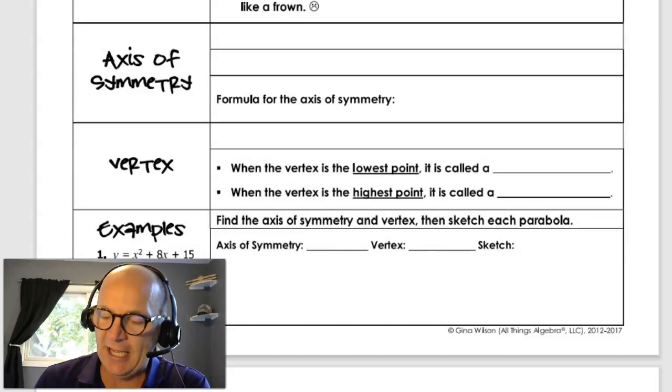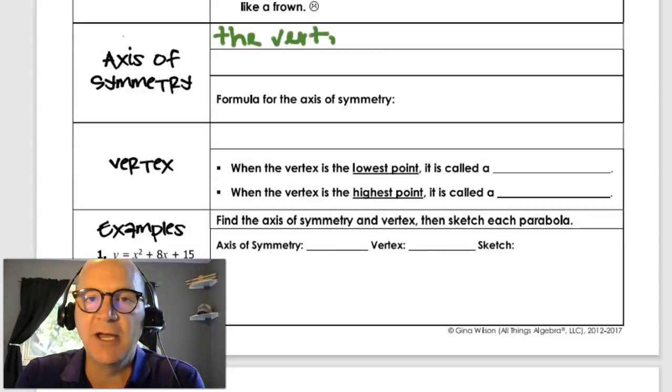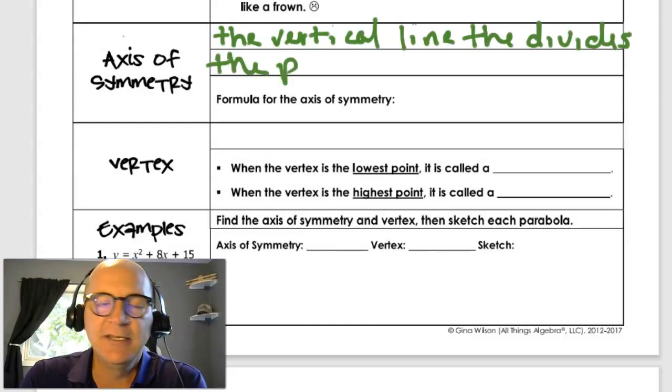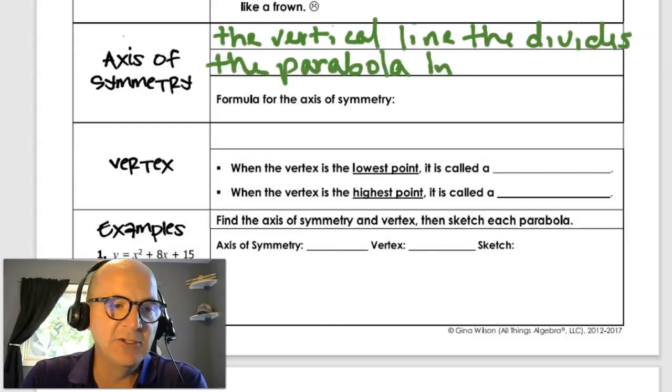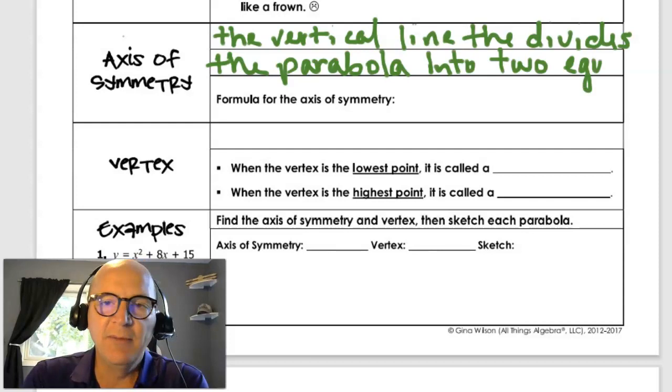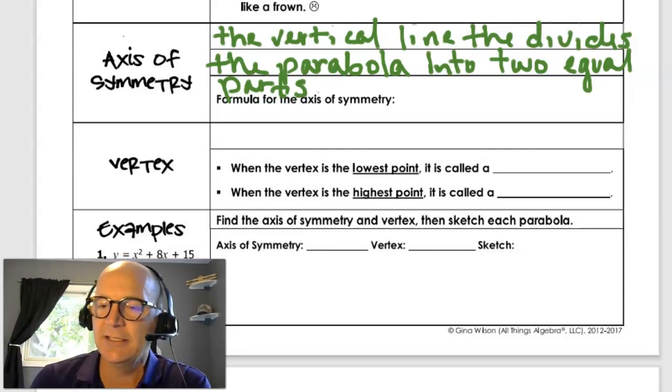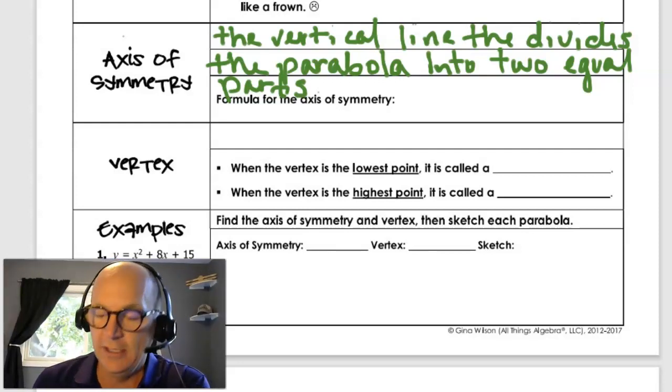Again, remember that the axis of symmetry is that vertical line that divides the parabola into two equal parts. And if we think about the quadratic equation, there's a formula that will help us find where that axis of symmetry is. It turns out that it's actually the x-coordinate as well.